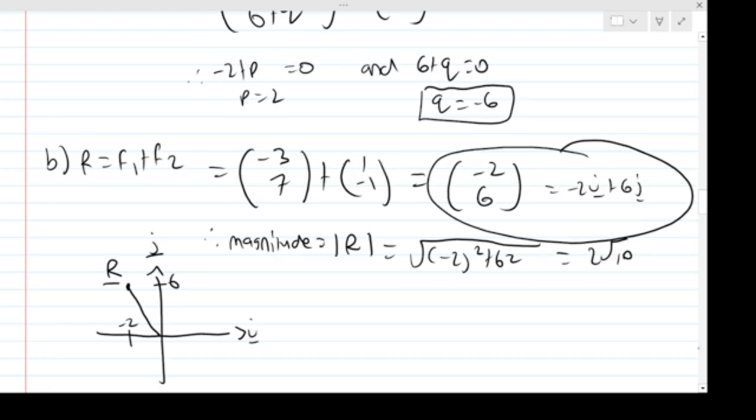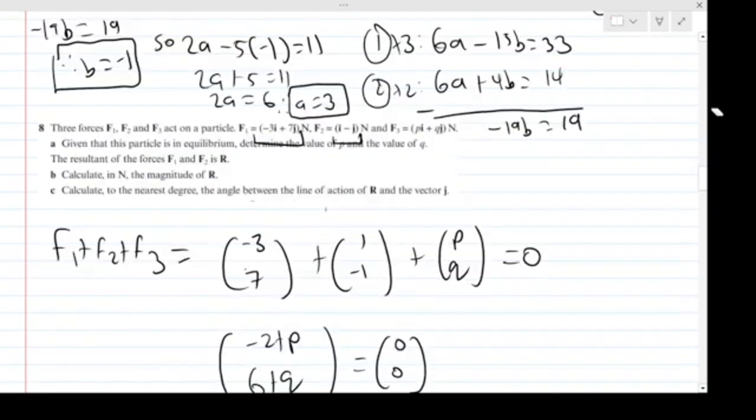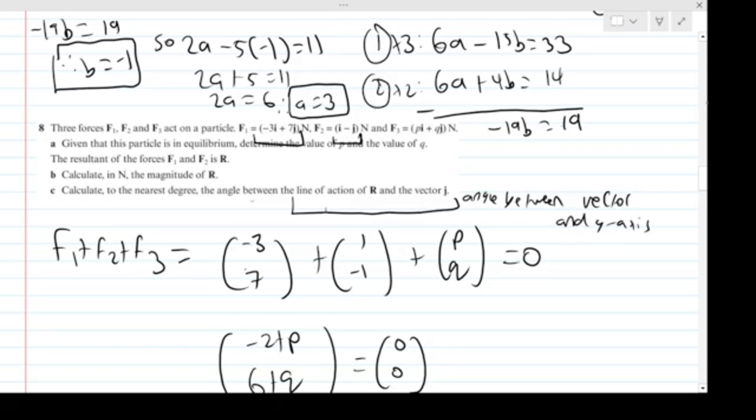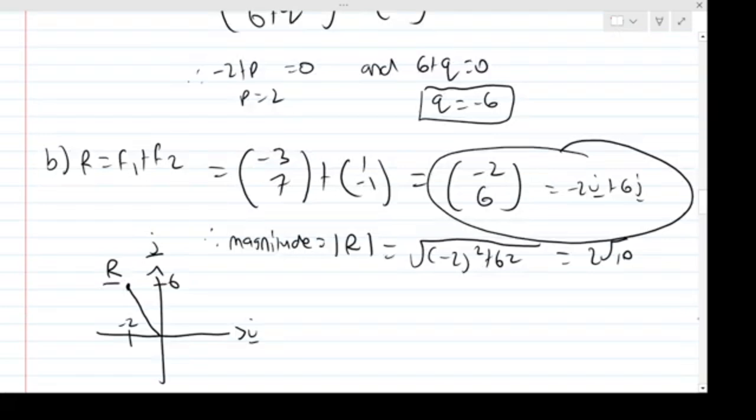So what this is essentially saying, if I make it a bit more simplified, is the angle between the vector and the y-axis, okay? So if it ever asks for an angle between a vector and j, it means the angle from the y-axis, okay? Well, if we go from the y-axis, so this axis here, to the vector, it's this angle here. That's the angle we want to find, okay?